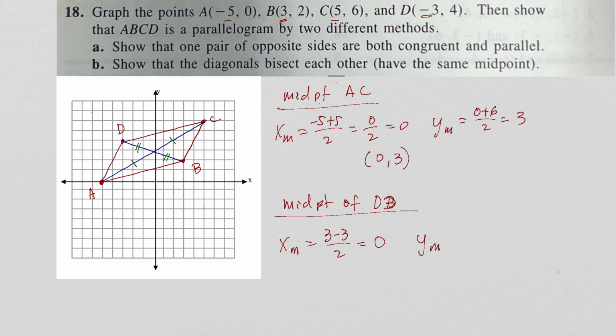The y value of the midpoint is 2 plus 4 over 2. So that is 0, 3. So these both have the same midpoint, which means that they bisect each other. And because we know they bisect each other, we know that this is a parallelogram.